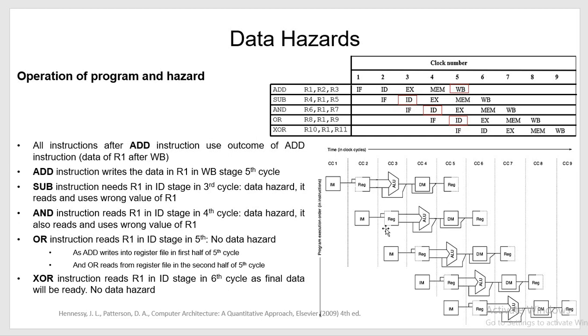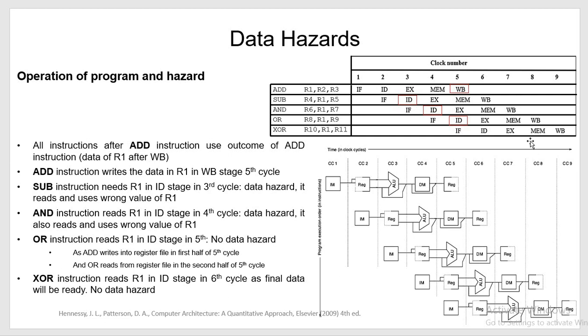So this is the hazard, and for the third instruction there will also be a hazard. Again the data is required at the fourth cycle, but the data will be available after the completion of the fifth cycle. So a data hazard occurs for two instructions, the subtraction instruction and the AND instruction. There will be no hazard for the OR operation, and no hazard for the XOR operation.